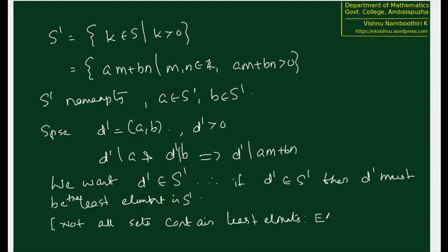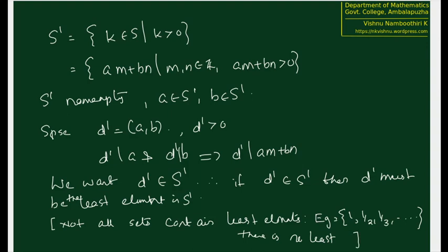For example, suppose we consider the set 1, 1 by 2, 1 by 3, and so on. There is no least in this set, because it is becoming smaller and smaller and going towards 0, but 0 is not in that set. So we cannot assure that S prime will have a least element.